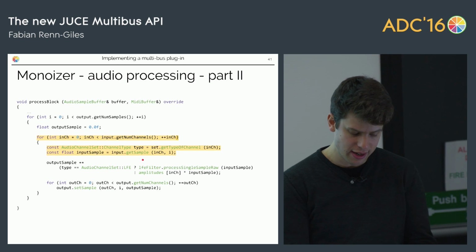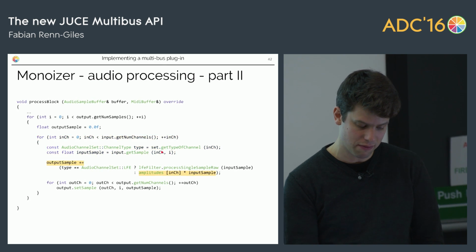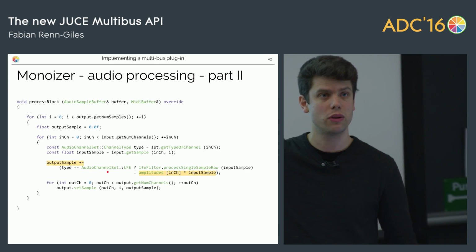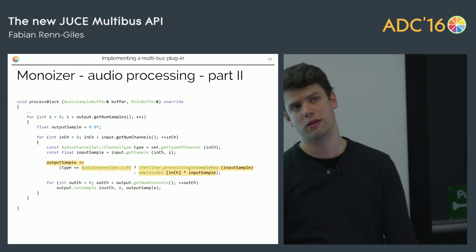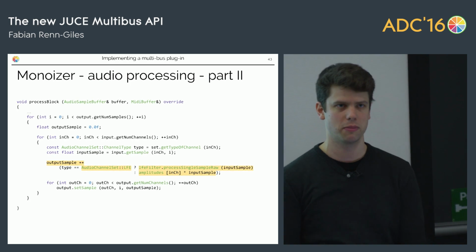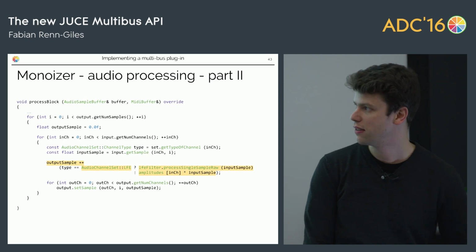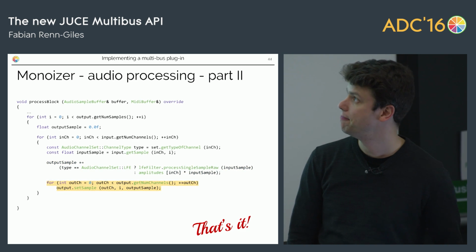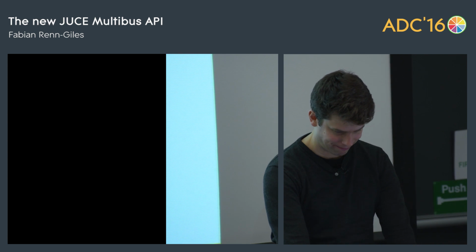So we, again, get the type of the channel of the input, and if it's not an LFE channel, we just multiply by the amplitude that we just calculated, and if it is an LFE channel, we pass it through a low-pass filter. Because the LFE channel is a bit special. It's the low-frequency emitter, typically a subwoofer. And then we just copy it to the output. So that's the MonoIser.